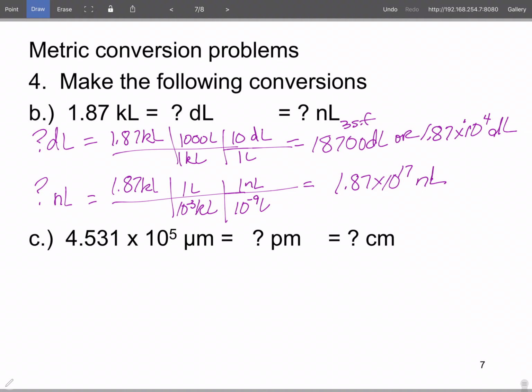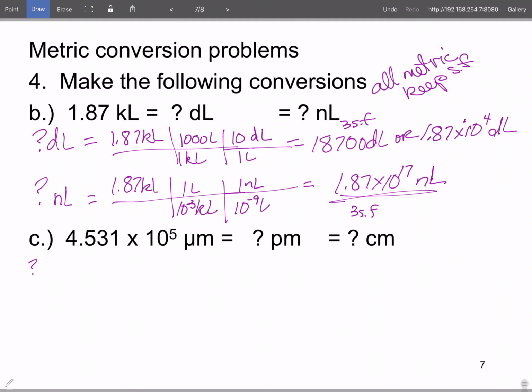Okay, and again, we kept 3 significant figures because that's what we started with. All metric, you keep significant figures.